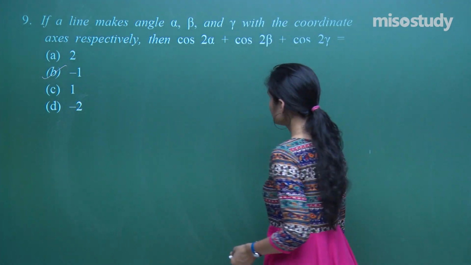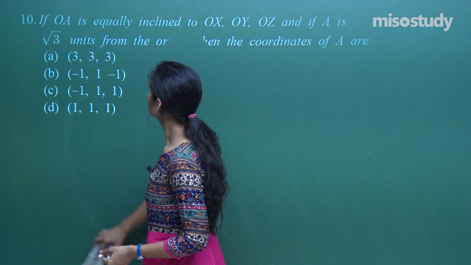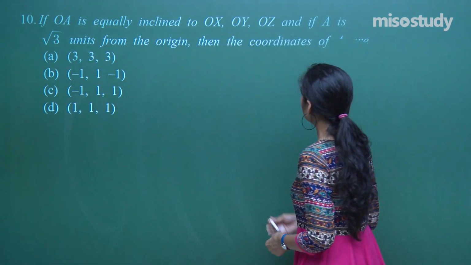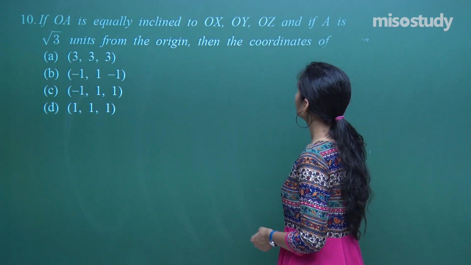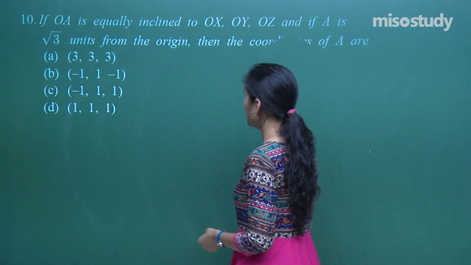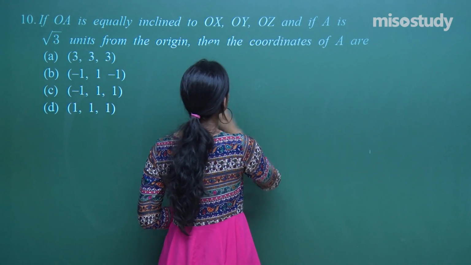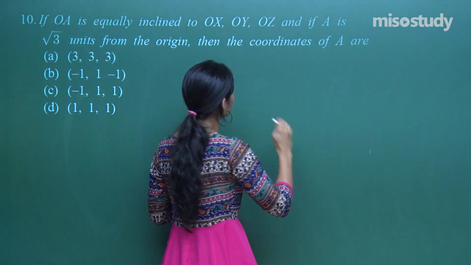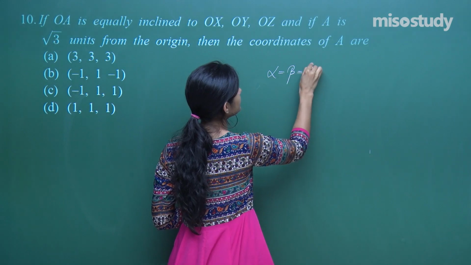What does the next question say? It says that if OA is equally inclined to OX, OY and OZ, and if A is root 3 units away from the origin, then what are the coordinates of A? So see, if there is equal inclination with the X, Y and Z axes, that means, just now we did, alpha is the same as beta is the same as gamma.